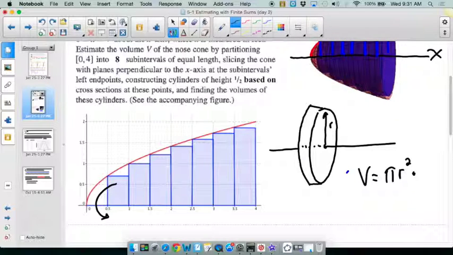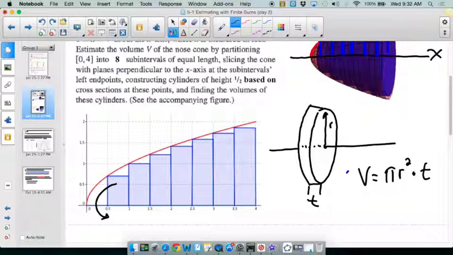It's really kind of like we're doing this, right? Pi r squared times the height. It's just that we're standing it upright like a wheel almost. So pi r squared times that thickness, we can call it t. That thickness will give us the volume for that one disk.